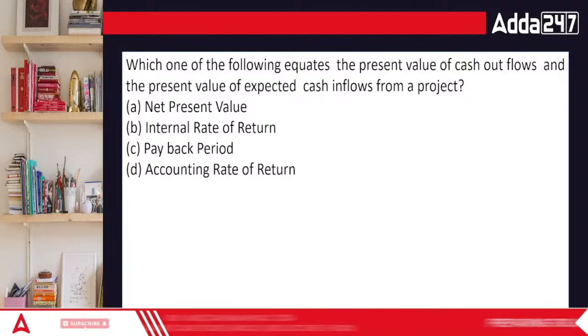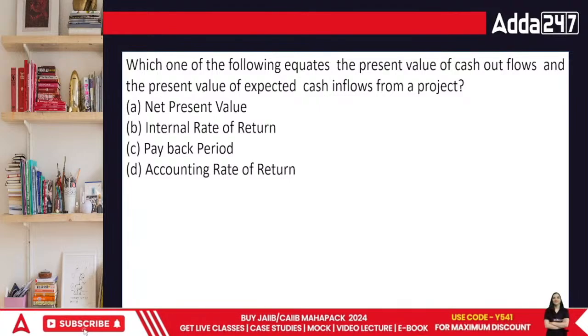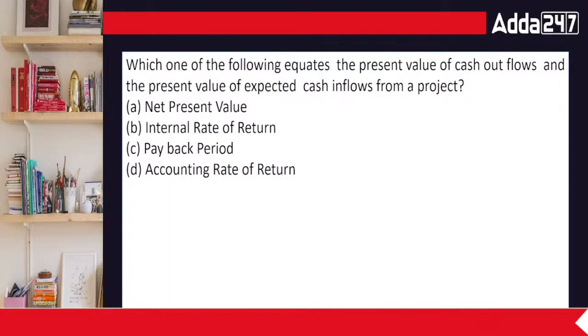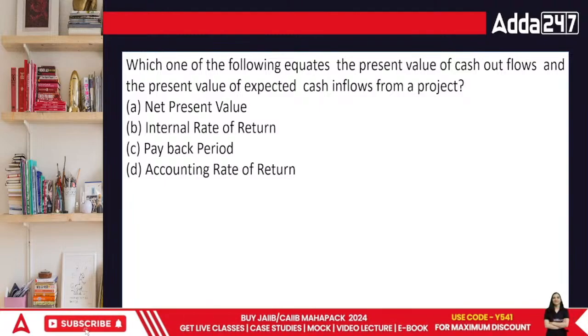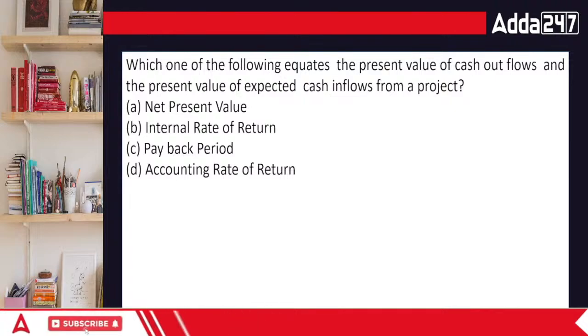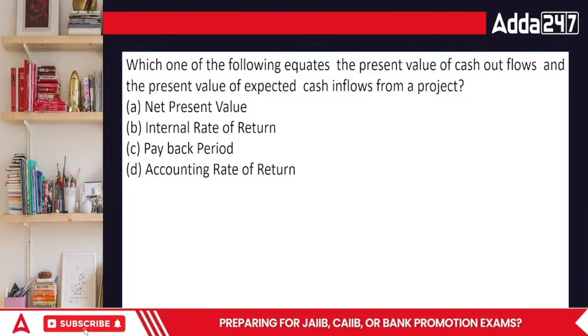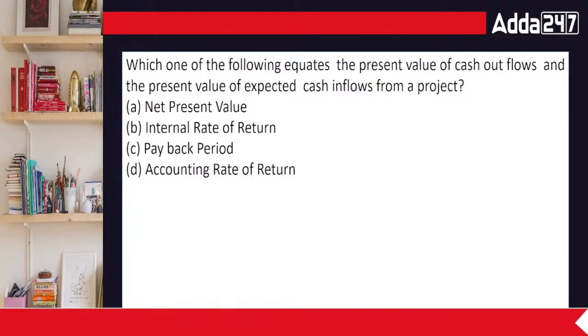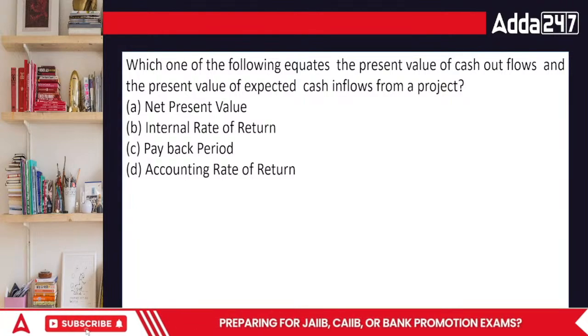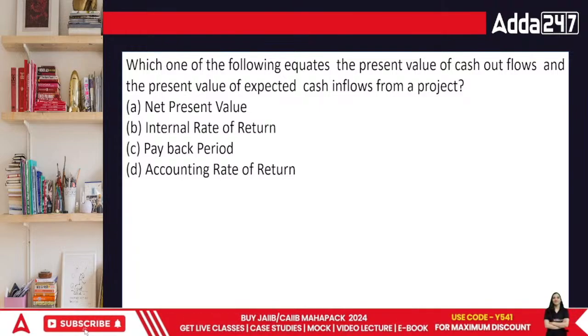Which one of the following equates the PV of cash outflows and the present value of the cash inflows of a project? We're looking at the present value of the cash inflows as well as outflows of a specific project, everyone. It is net present value, or internal rate of return, or payback period, or accounting rate of return. What's going to be the answer, everyone?